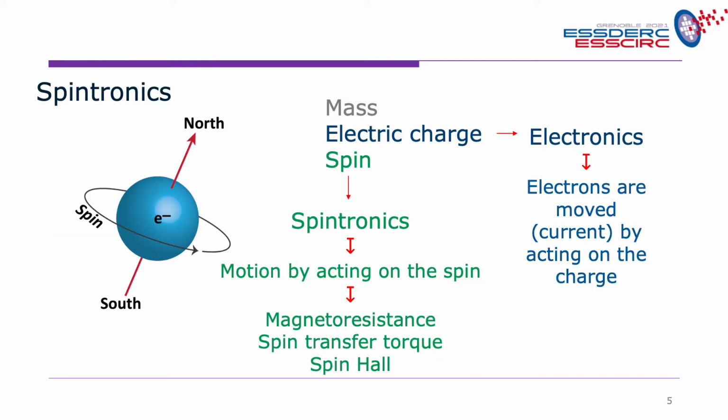So today I would like to go back to the basics. Electronics includes the electron, of course. The electron has a charge and it has a spin.